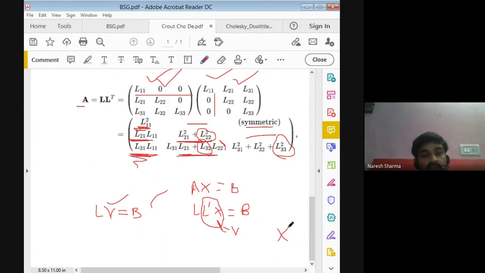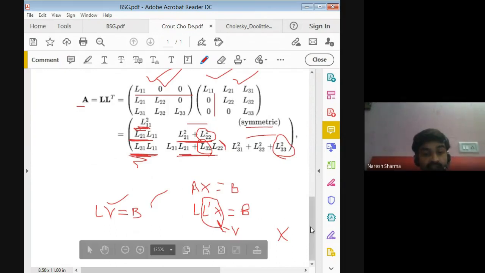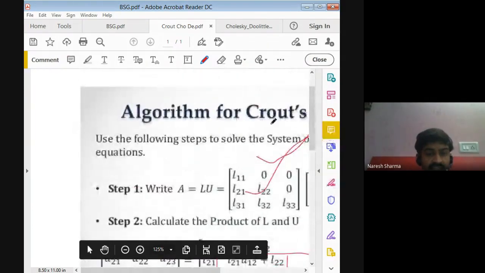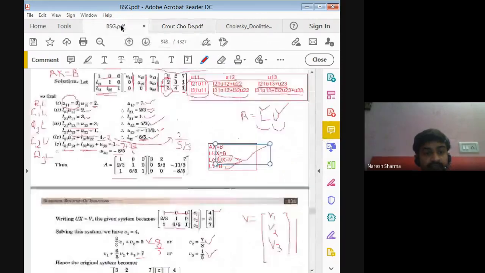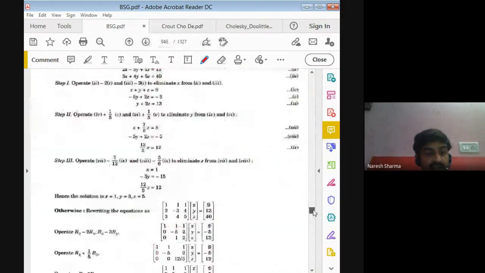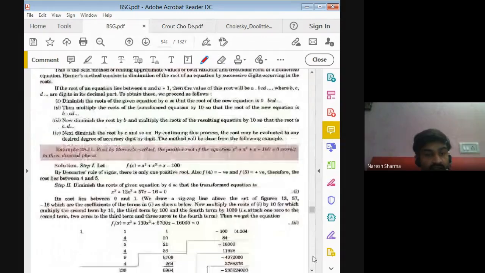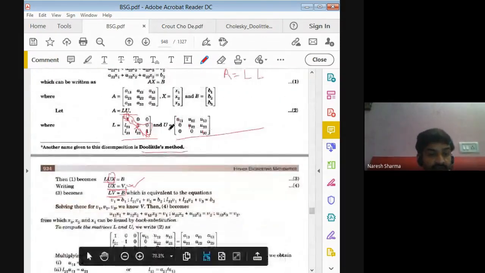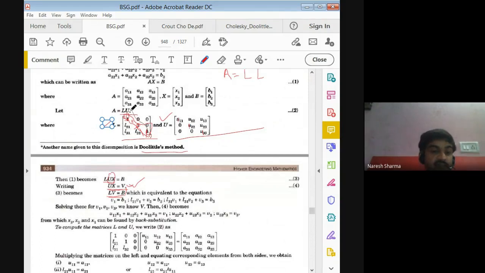So this is the factorization. We have three kinds of methods here: the Doolittle method, the Crout method, and Cholesky decomposition. There is just a slight difference between these three. In the Doolittle method, we choose matrices L and U, lower triangular and upper triangular, and in L we use diagonal elements equal to 1.